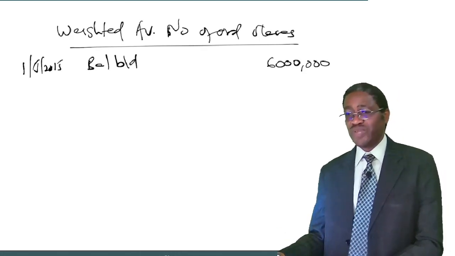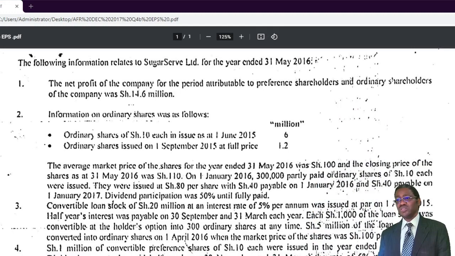Then from the same note number two, number one was just information. I hope you remember, number one was just information about the profit attributable to both preference and ordinary. Then number two, we are given the number of shares by the beginning. Then the same number two, bullet 2 says, ordinary shares issued on 1st September 2015 at full market price 1.2.